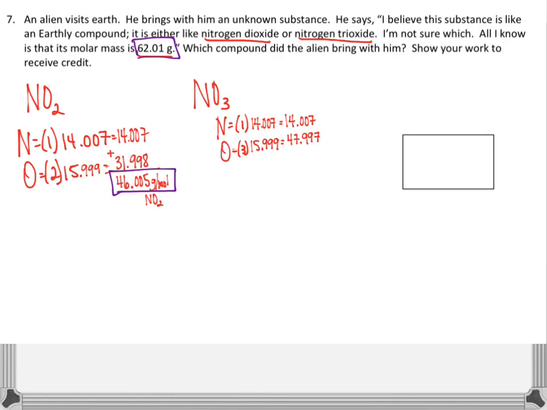And my total there, when I add them, is 62.004 grams per mole. And here we're talking about nitrogen trioxide. So now I compare my answer to what this alien brought. And yes, it matches. So in this case, this alien brought back nitrogen trioxide.